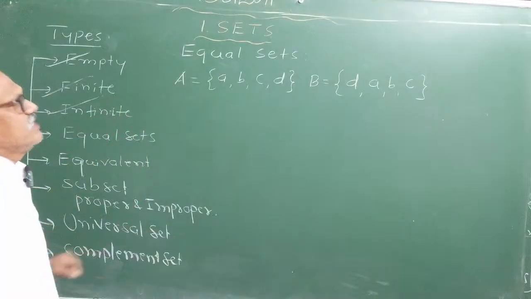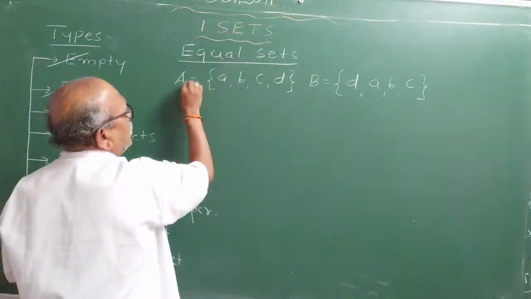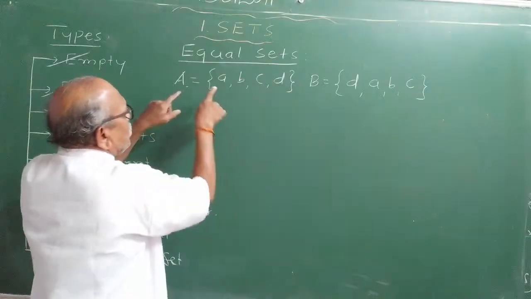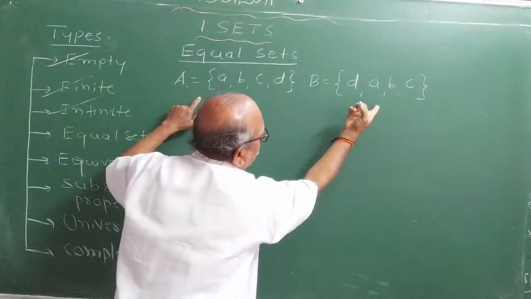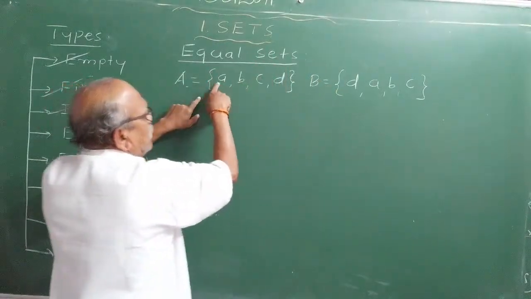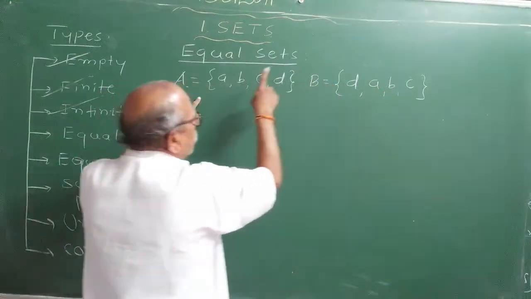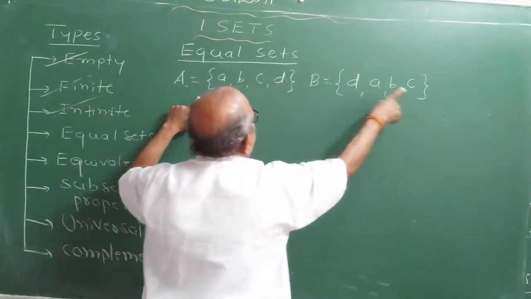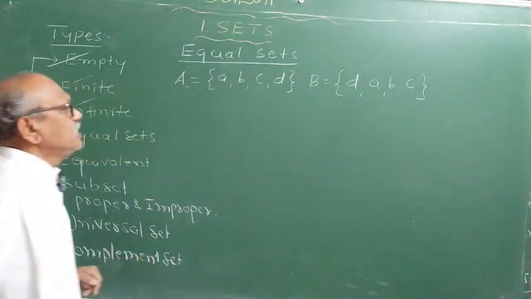Are they equal sets? Two non-empty sets A and B are said to be equal sets if all elements of A are present in B and if all elements of B are present in A. Observe, A is here, A is here, B is here, B is here, C is here, C is here, D is here, D is here. Even though their order is different, they are equal sets.